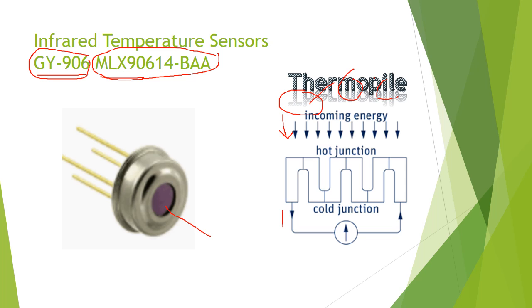A transducer is a device that converts any energy into electrical energy, electrical signals, you can say. So this is the thermopile. It absorbs energy, and then it changes.